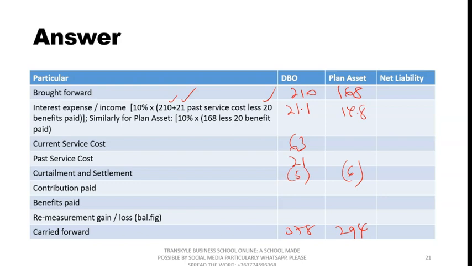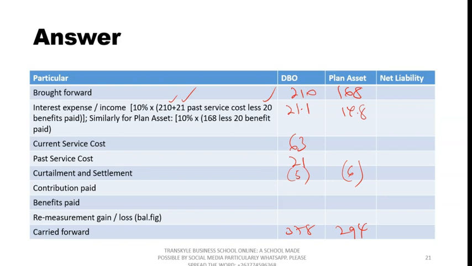Now, the settlement is going to reduce the plan asset, all right? Whereas the curtailment on its own might be without settlement, as in this particular case, it is without settlement.